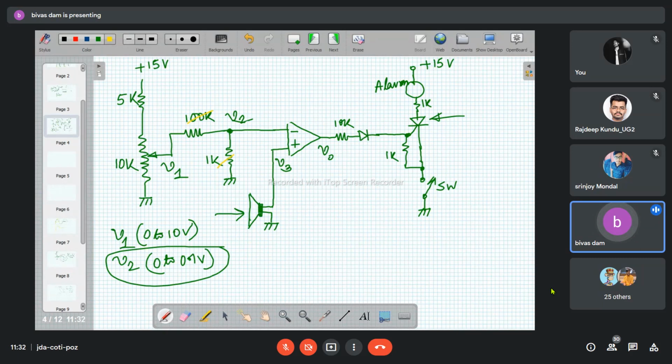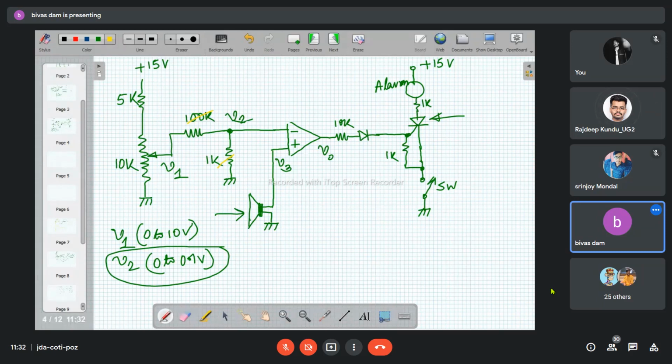How long will it go on giving you indication? Is V0 not remaining plus Vsat always? No, sir. It will be plus Vsat only for the duration for which the effect is there.